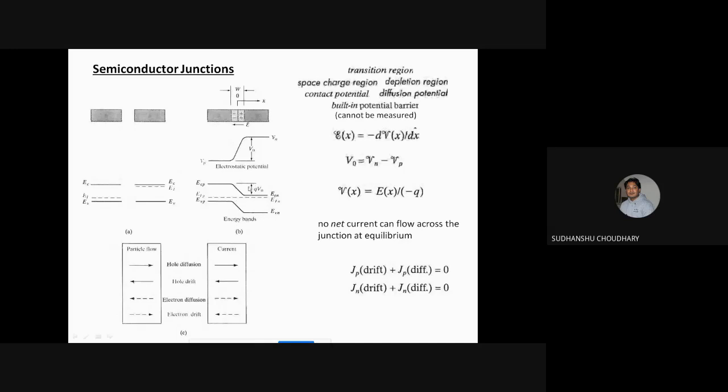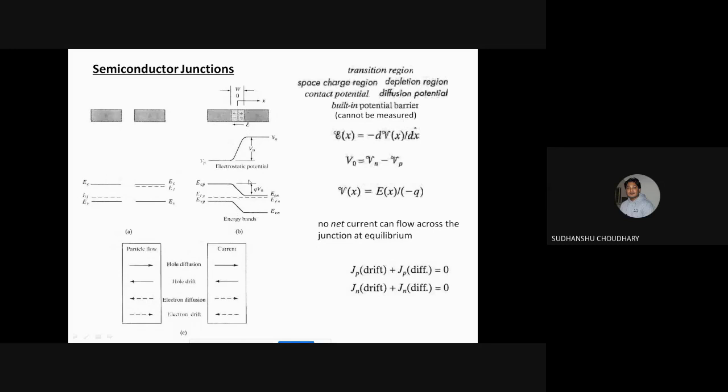Okay. So obviously, since this is a model, that is why we are saying that electrons face difficulty in diffusing from N to P, and holes have to cross a barrier, QV naught barrier, to diffuse from P to N. But actually, if you see this device itself, this is just a model.